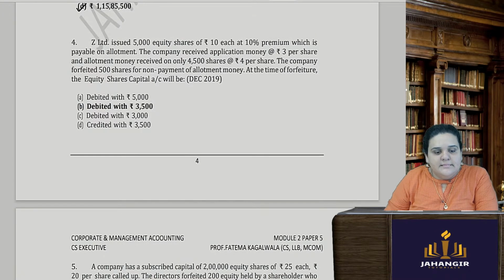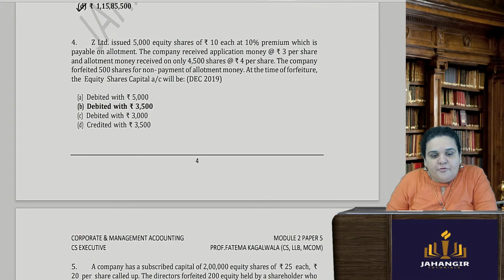Z Limited has issued 5,000 equity shares of rupees 10 each at 10% premium, which is payable on allotment. The company received application money at rupees 3 per share and allotment money on only 4,500 shares. That means 500 shares as calls in arrears at rupees 4 per share.